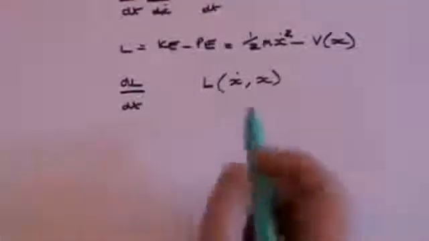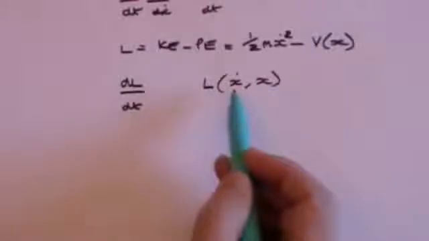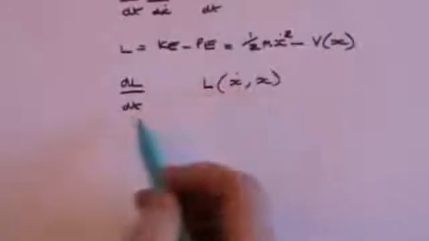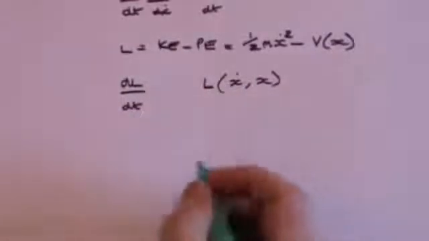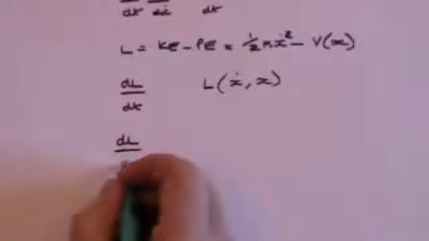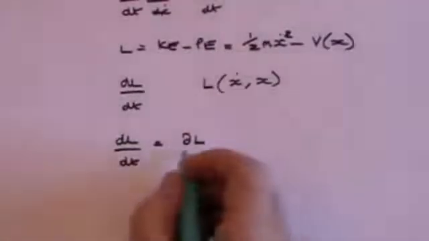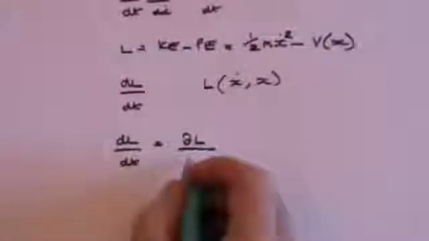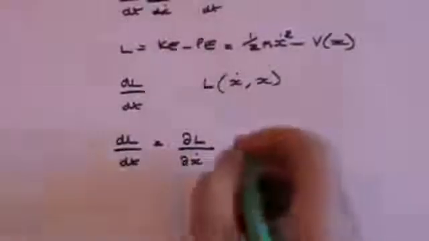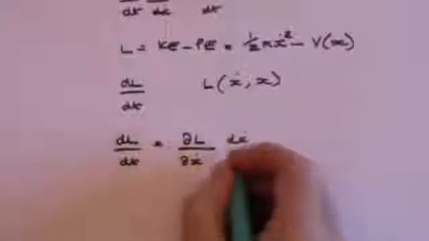So when you are differentiating a Lagrangian, which is a function of x dot and x, with respect to time, the way you do it is you take the partial derivative, this is all to do with partial derivatives, the partial derivative of the Lagrangian with respect to the first variable, x dot, multiplied by the way in which that variable varies with time.